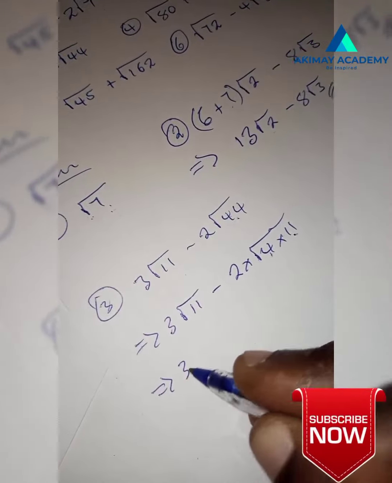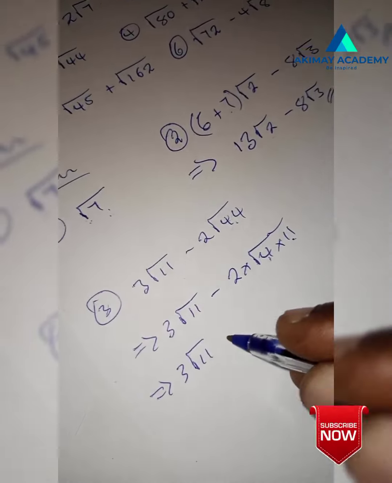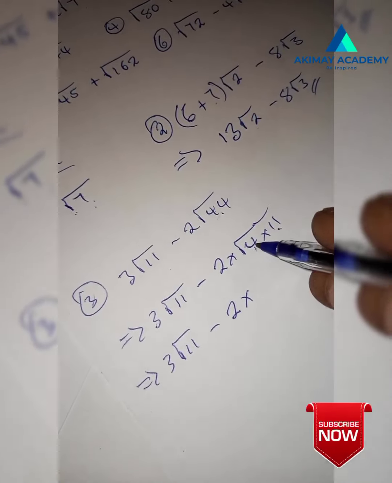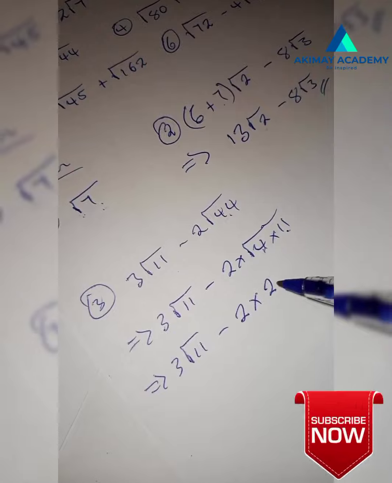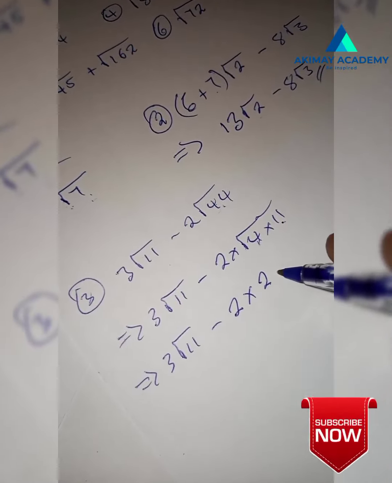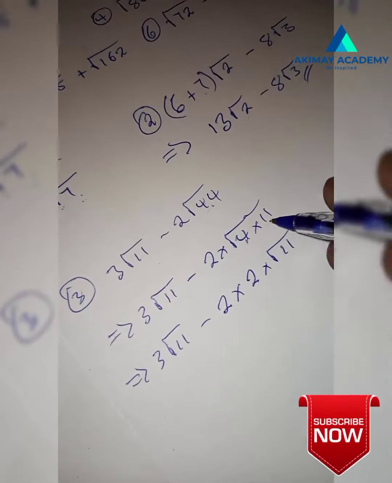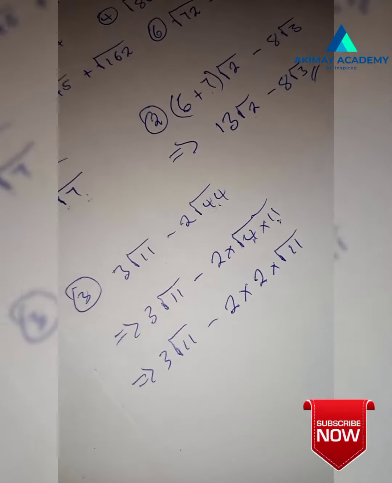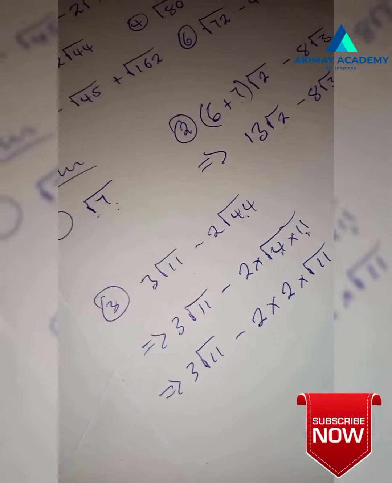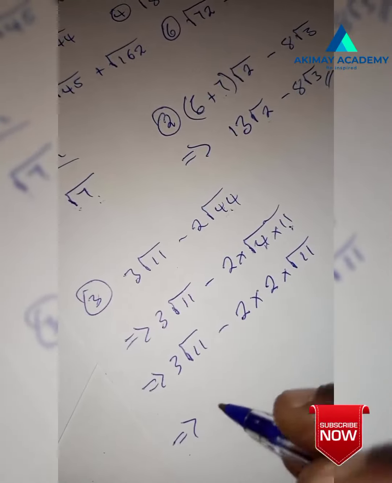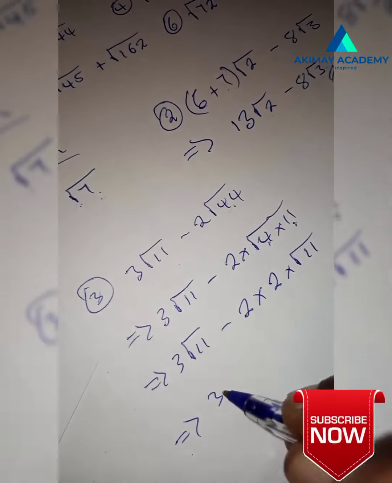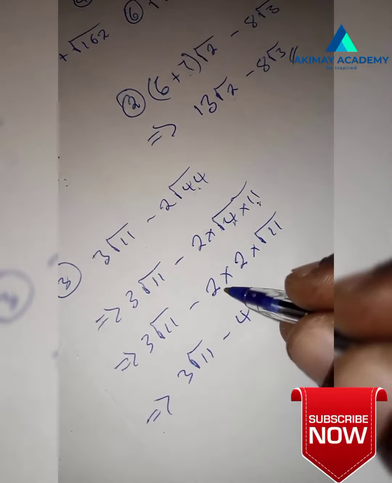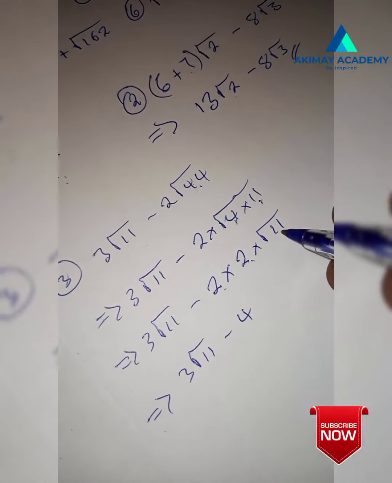So we have 3 root 11 minus the 2, which is already there, times square root of 4, which is 2. So 2 will come out to multiply this one, then times root 11, which is a non-perfect square number, so we cannot find a straight answer for it. In this case we have 3 root 11 minus 2 times 2, 4, times root 11.